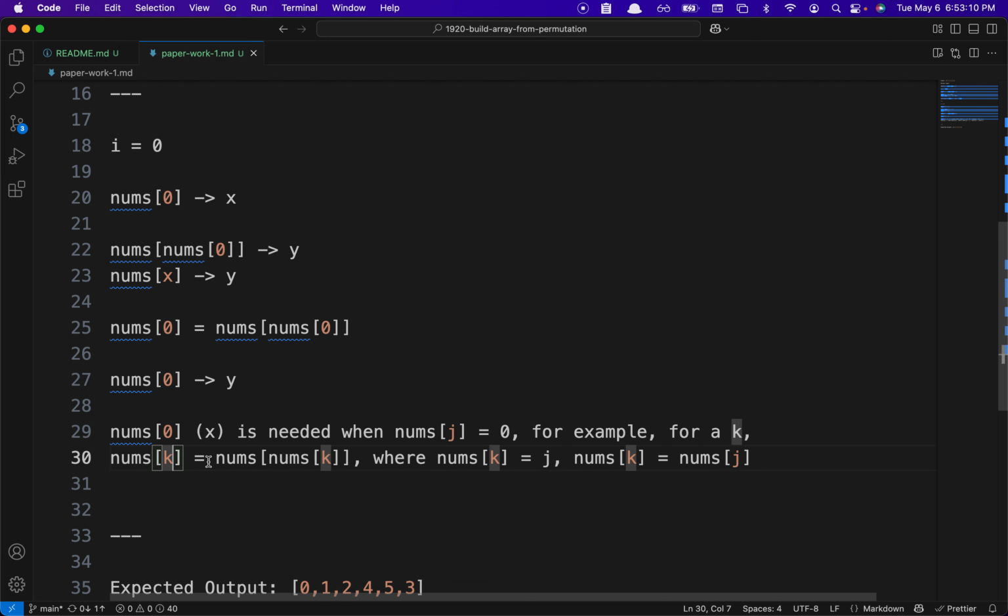It's like then you'll be looking at not nums of k is not 0, more like... So then you'll actually need... no, this is wrong.